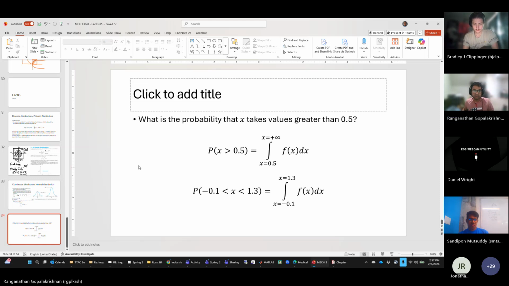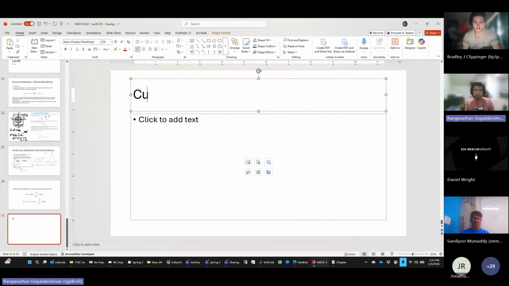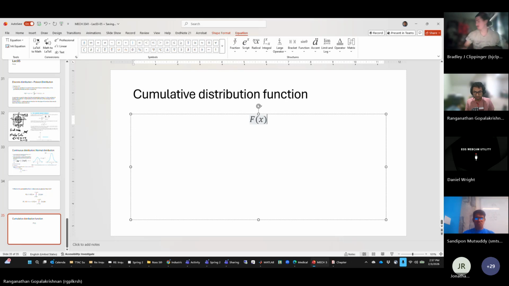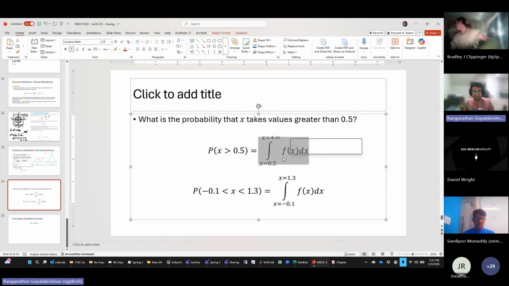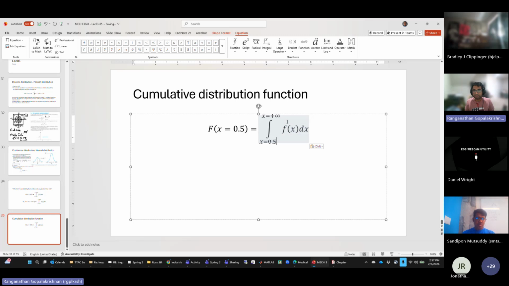All right, good. We also talked about the cumulative distribution function. Just recapping, we already talked about this. F of x. If I say f of x equals 0.5, that's like saying I want to sum all the probabilities from minus infinity to 0.5.